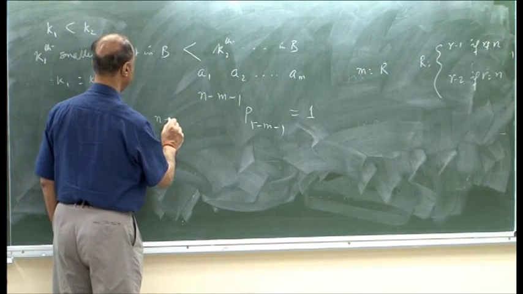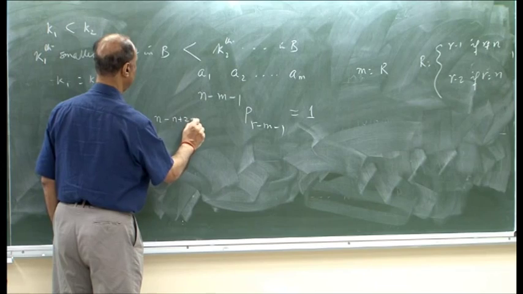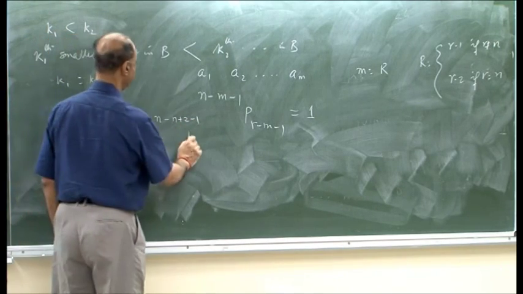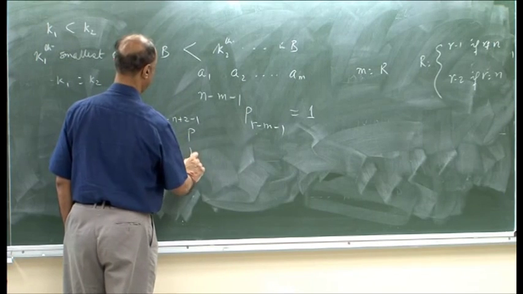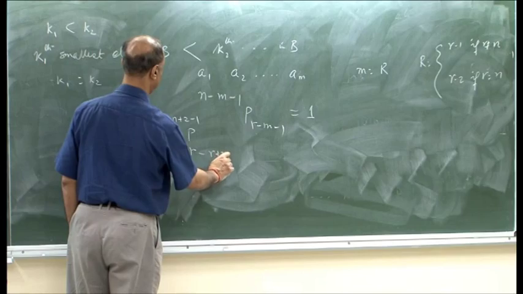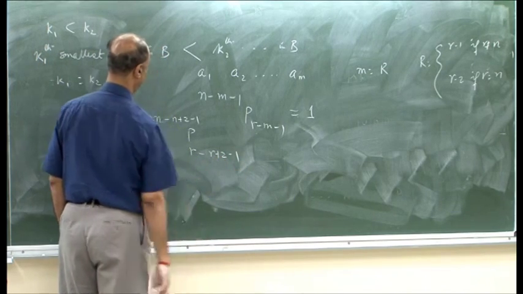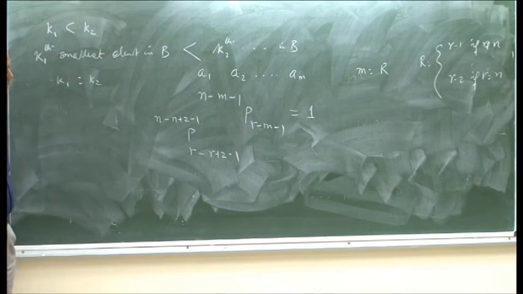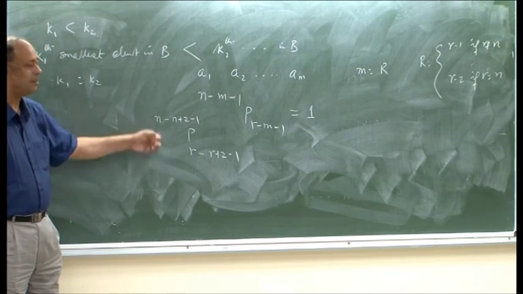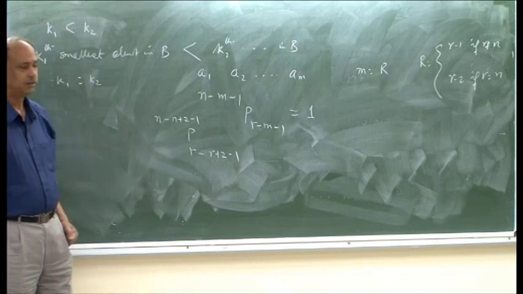R minus 2 means N minus 2, P R minus M, M is R minus 2. So it is becoming 1P1, which is 1.